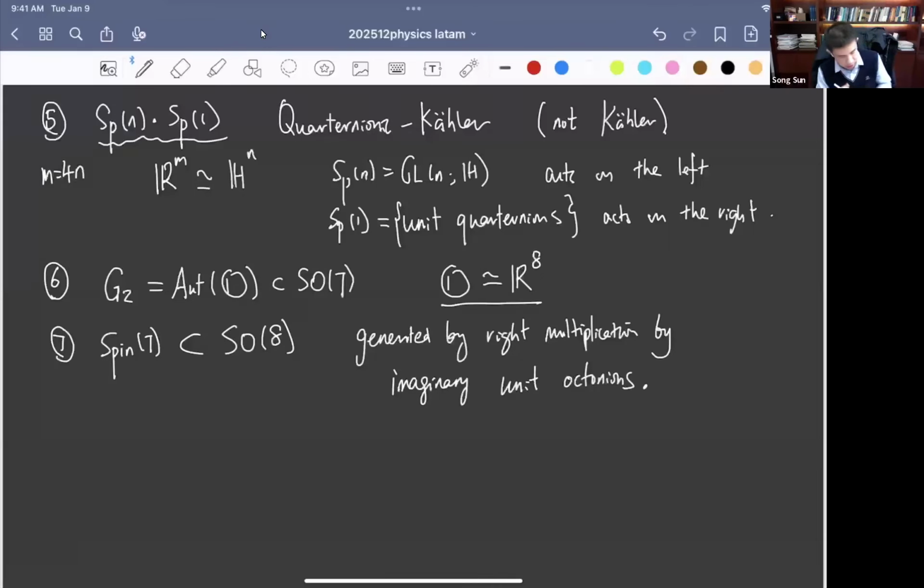The octonions or quaternions contain the real numbers, and then the rest. So here is the 7-dimensional space of imaginary octonions, and you consider the norm 1 elements there. You consider right multiplication by them on R^8, the octonions themselves, and this generates a group called Spin(7). If you want a better understanding of these groups, you need to do more work.